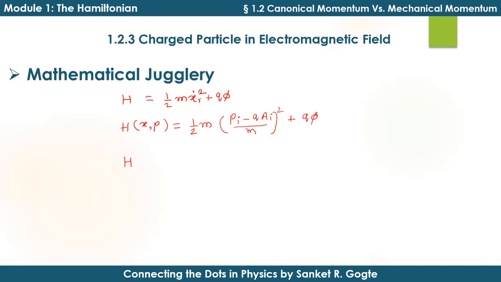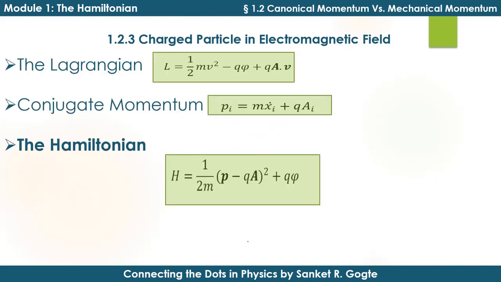So the Hamiltonian that we obtain is 1 by 2m into pi minus q ai whole square plus q into phi. In vector form, I can write this Hamiltonian that we have obtained in this fashion.